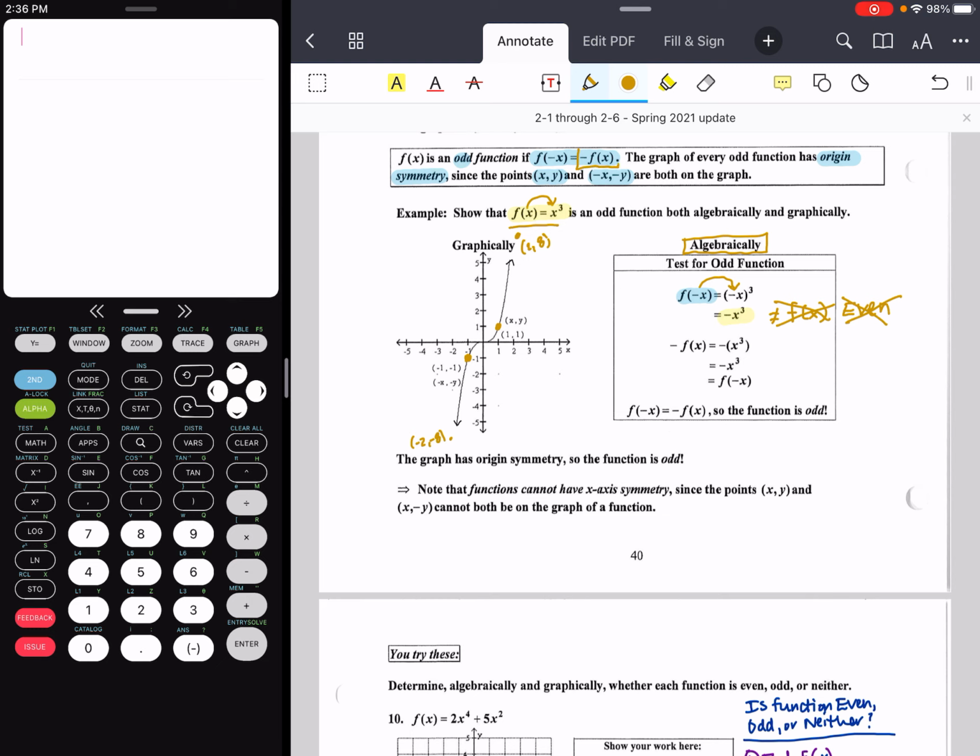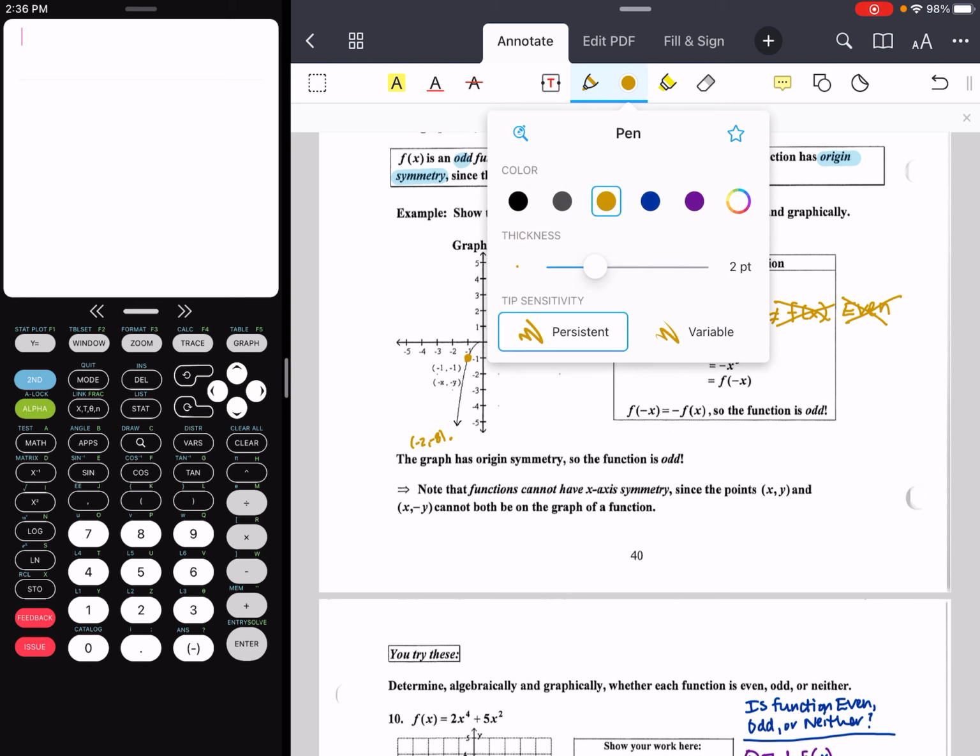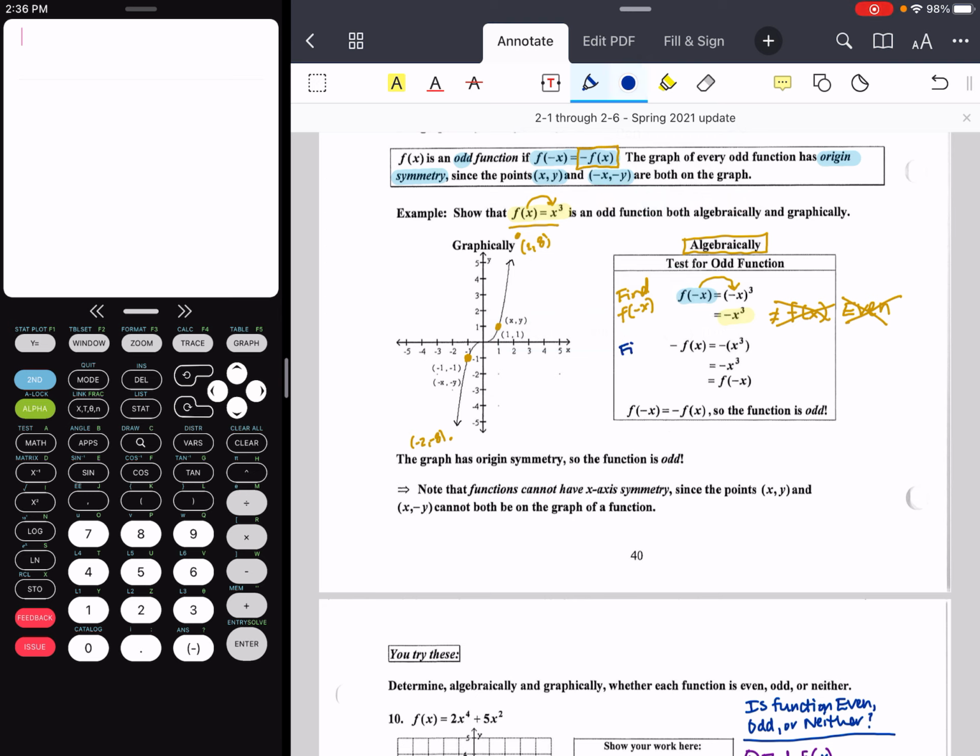So now what I want to do is find negative f of x to see if that gives me a match to f of negative x. So that's what I'm doing down here. Up here, I find f of negative x, and then down here, I find negative f of x. So negative f of x equals negative x cubed.